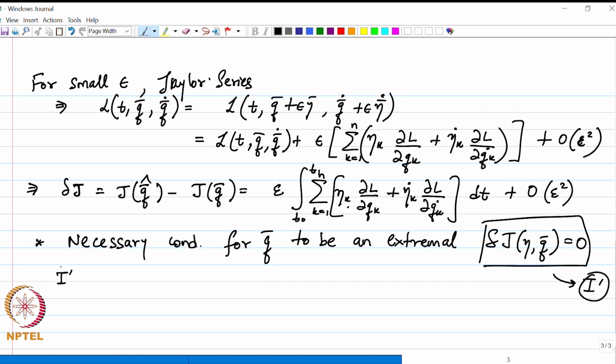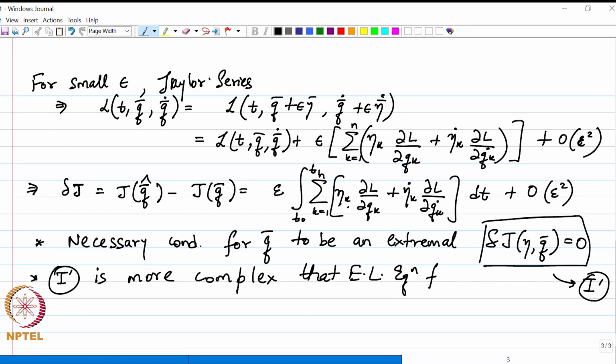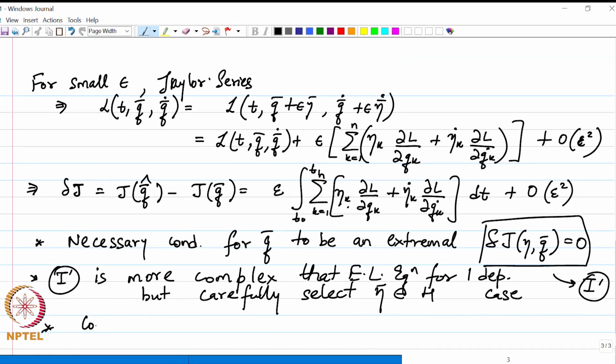So 1 prime is more complicated, more complex, right, than EL equations for one dependent variable case, but we carefully select our perturbation eta prime, which is in our set of perturbation functions H, right. So what we do is the following. We consider the following perturbation.